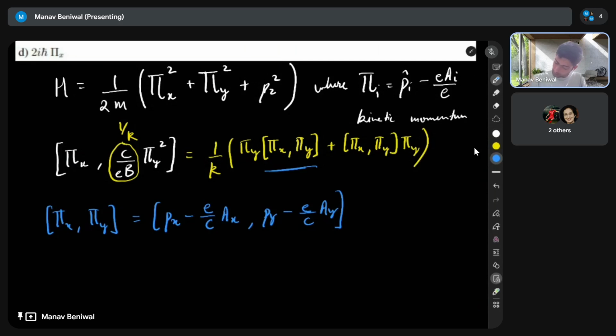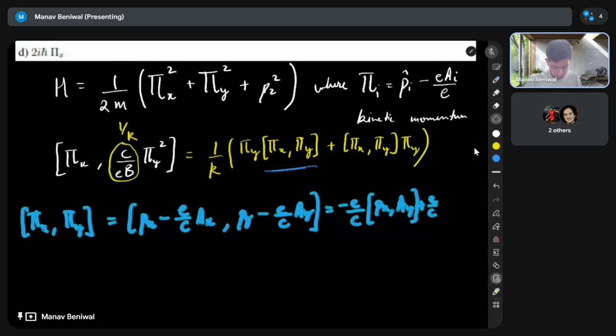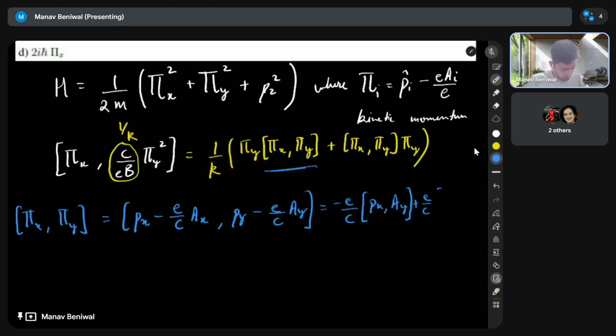So this is then nothing but minus e by c px comma ay plus e by c py comma ax. So the other terms basically go away.